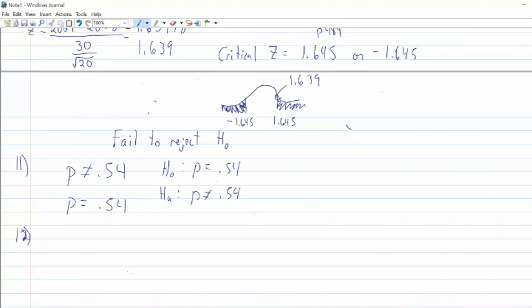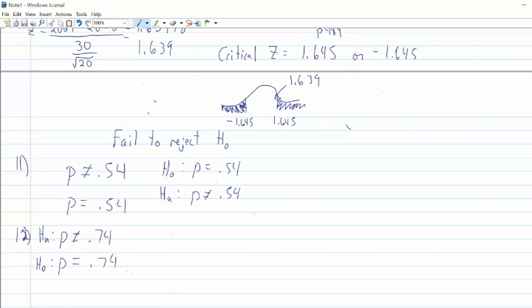That's a little different, but the claim is, I guess, if you test the quality, you're trying to show that it's not equal to. So that would be P is not equal to 0.74. The opposite of that would be P equals 0.74. So that's your null hypothesis, and the other is your alternate hypothesis. Now we want to know the test statistic, and this is about a proportion, so we have a different formula than we do for all the means that we've been working with.